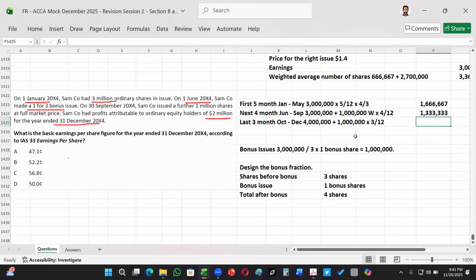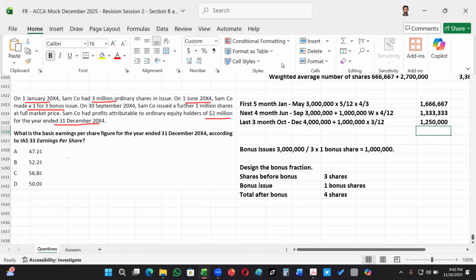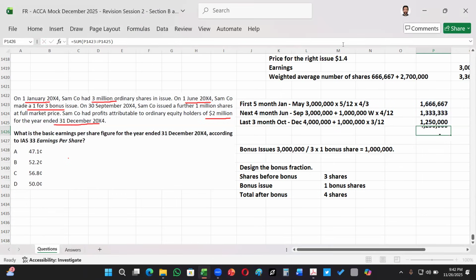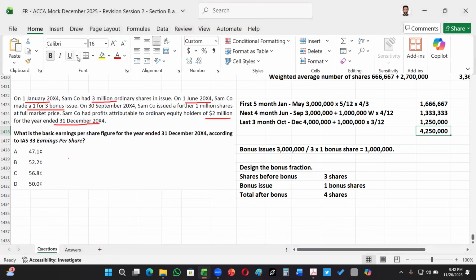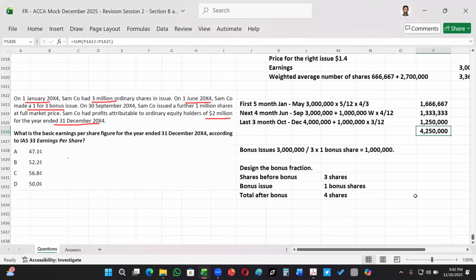And then we had the last 3 months, we had the initial shares plus the bonus plus the normal shares. So this situation is for 5 million shares, and it lasted for 3 months. So this is the number of shares that we get. If we sum up these figures, we are going to get the weighted average number of shares, and this is 4.25 million. So now we have the weighted average number of shares and we have the earnings.